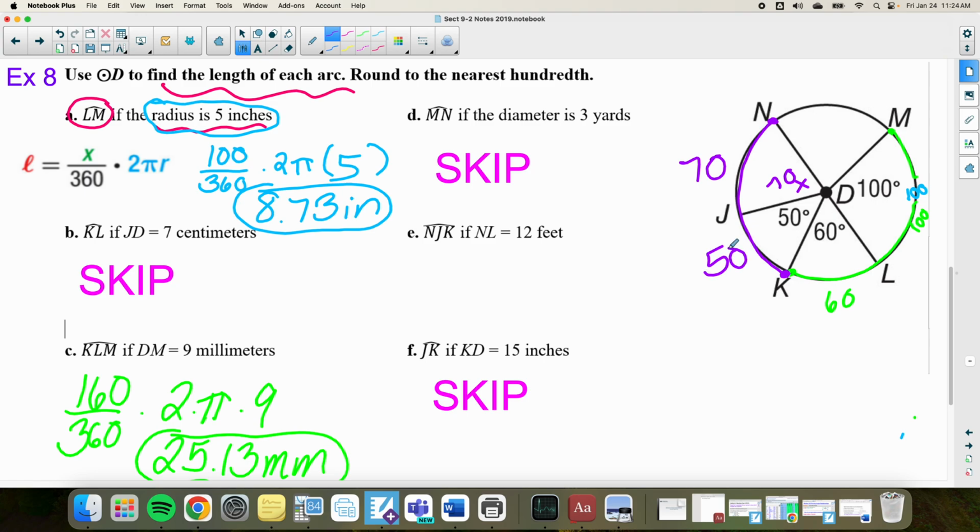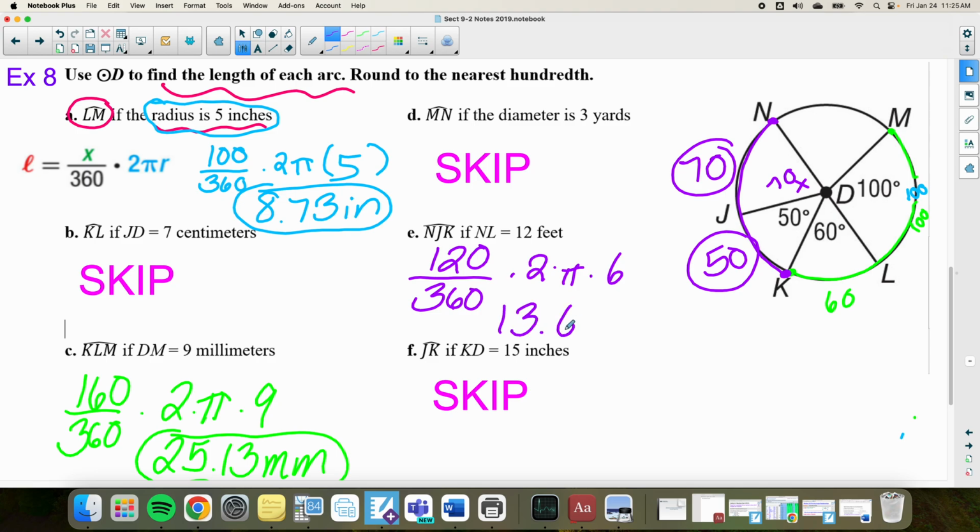Oh, but I only want NJK. So I only want the 70 and the 50, which is 120 over 360 times 2 times pi times, is NL a diameter or a radius? So I have to divide by 2, and that's 6. Did anyone punch that in? 13.61. Perfect. You guys all agree with that?